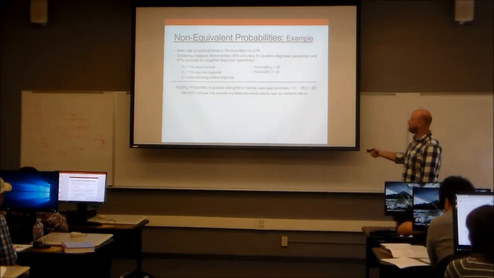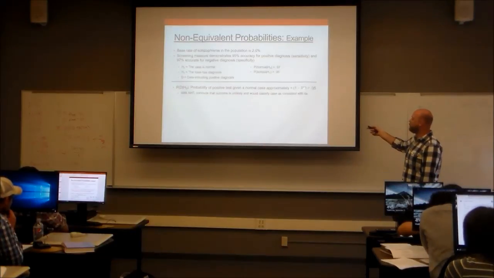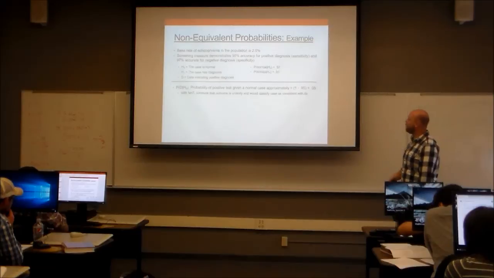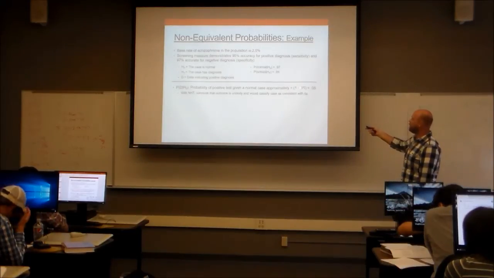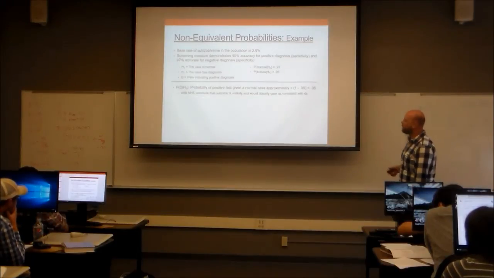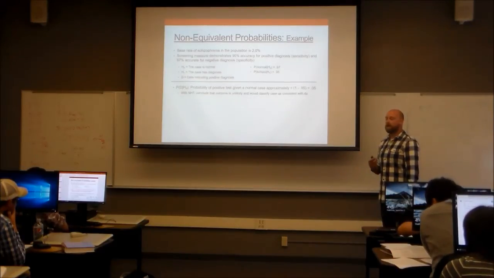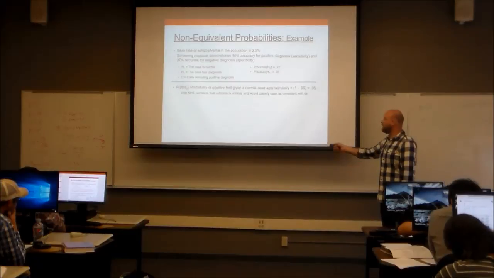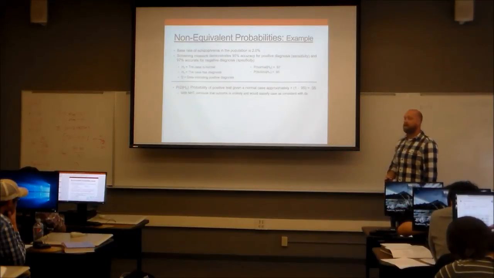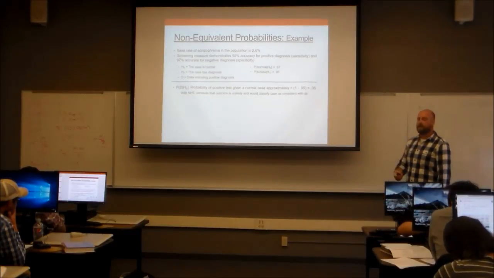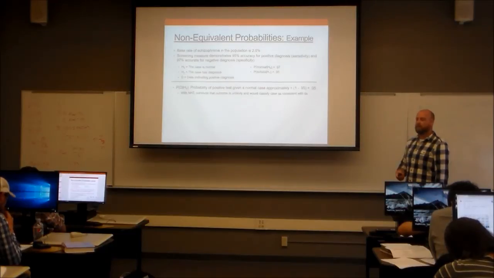That's 1 minus 0.95. With our hypothesis test, we would say that it would be unlikely to get a positive test in the case that an individual doesn't have schizophrenia, and we would say that this is an unlikely event, and we would say if the test says that they're schizophrenic, they have schizophrenia, right?